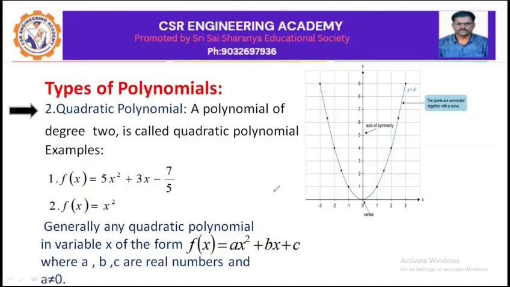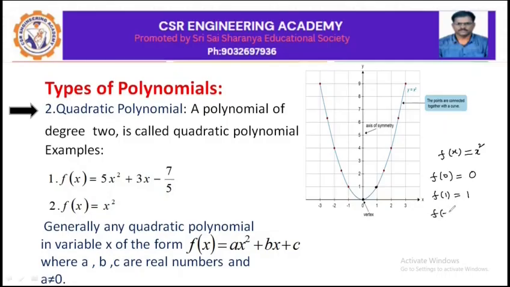The figure shows the quadratic polynomial f of x is equal to x squared. Give some input values, say 0: f of 0 is equal to 0 squared, that is 0. So (0, 0) is the first point to plot. Next, f of 1 is equal to 1 squared, which is 1, so (1, 1) is the second point.